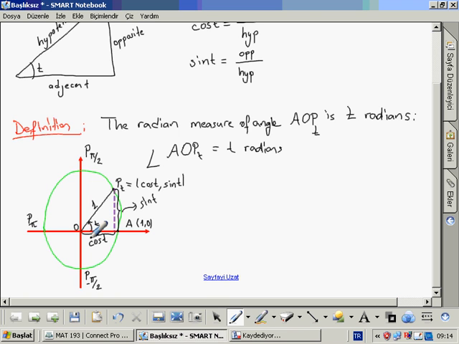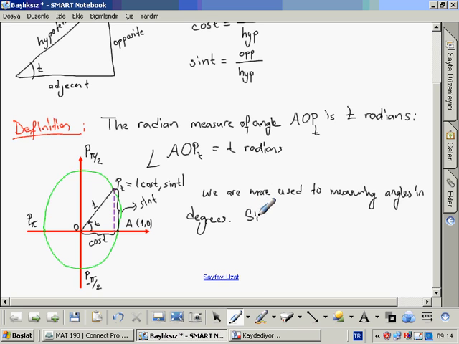And we are more used to measuring angles in degrees.